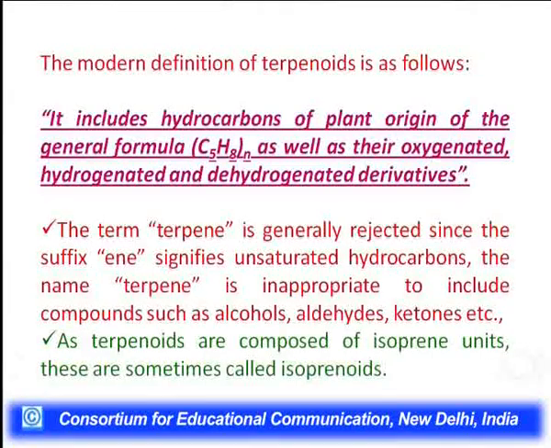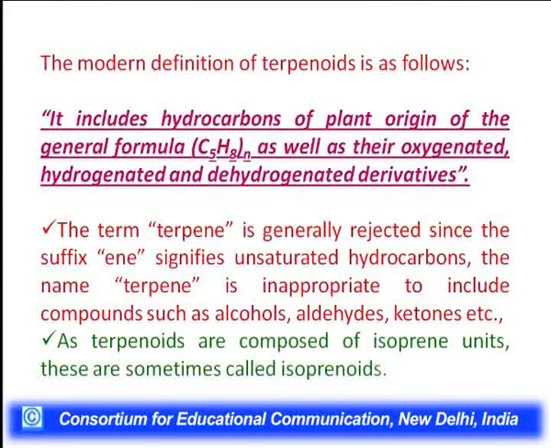If we talk about the definition of the terpenoid, it includes hydrocarbons of plant origin of the general formula C5H8 to the power n, as well as their oxygenated, hydrogenated and dehydrogenated derivatives.